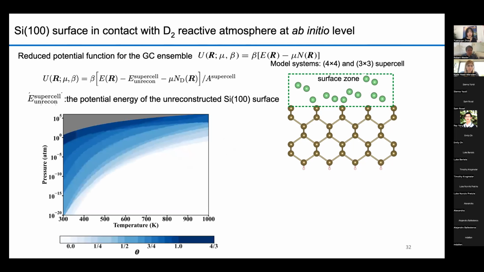Since we have two individual replica exchange grand-canonical simulations in different supercells, we want to connect all the sampling data from both cells. We define the unreconstructed silicon 100 surface, and refer all the data to the potential energy of the reconstructed silicon 100 surface.